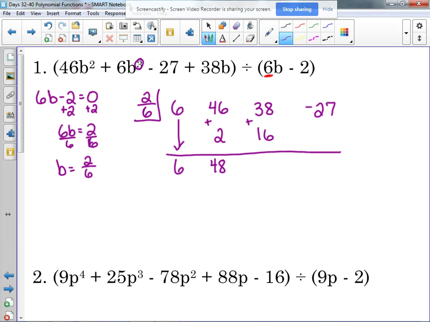Add, we get 54. Multiply by 2 over 6, that's 18. Add, we get negative 9. Box the last number always.